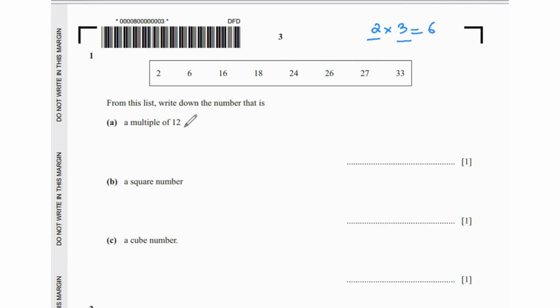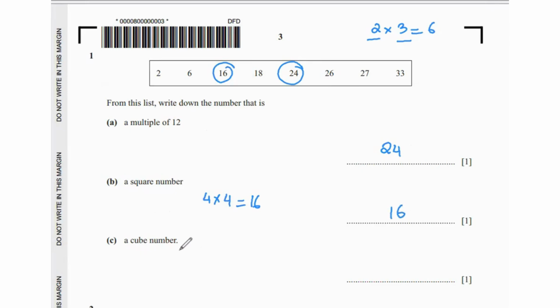So over here, they want a multiple of 12. That means you want a number that comes in the 12 times table, which is 24. Then a square number, that's a number that we get by multiplying the same number to itself. That is 16 because 4 times 4 is 16.